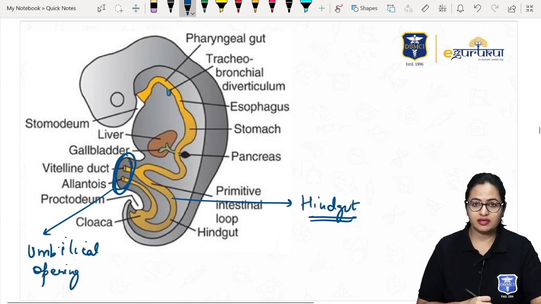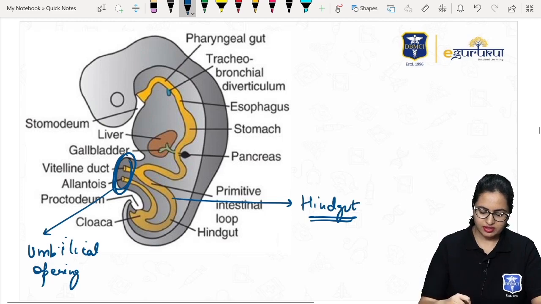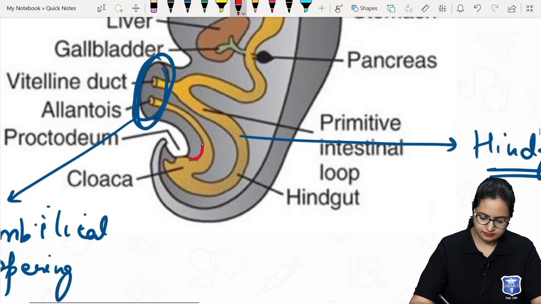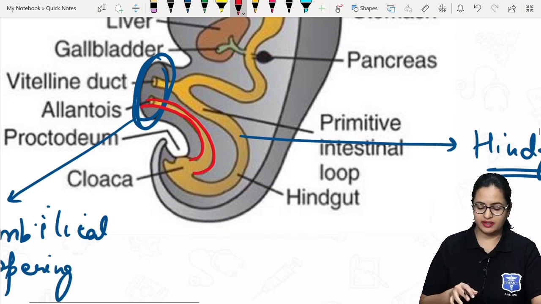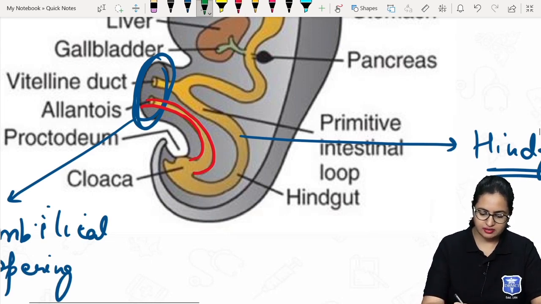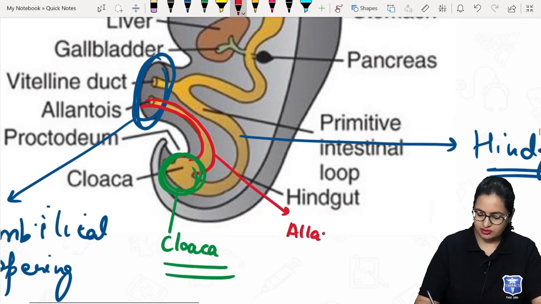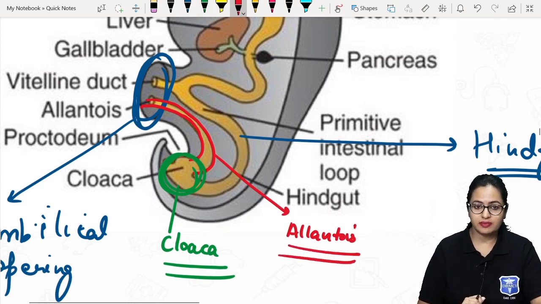Now we can see an embryological structure going towards the umbilical opening, and on the other side it is attached to the hindgut. This caudal portion of the hindgut is given the term cloaca. And this embryological structure, which is the communication between cloaca and umbilical opening, is given the term allantois.